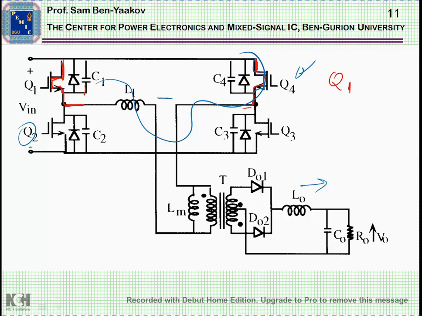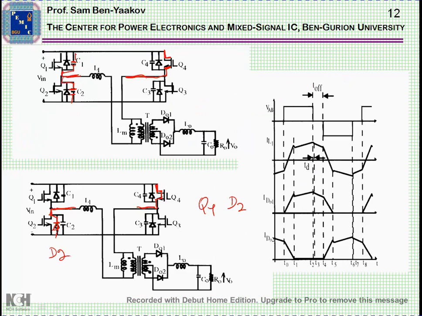But again, we are doing it in stages. We'll first, showing it here, turn off Q1. So only Q4 is conducting. Again, this current, which is flowing this way, will charge this capacitance, and, excuse me, the current goes the other way.